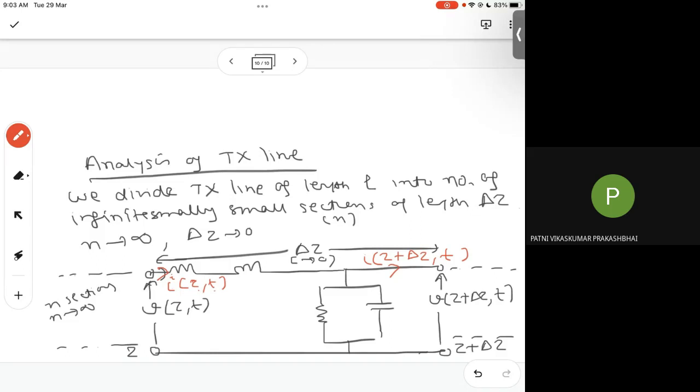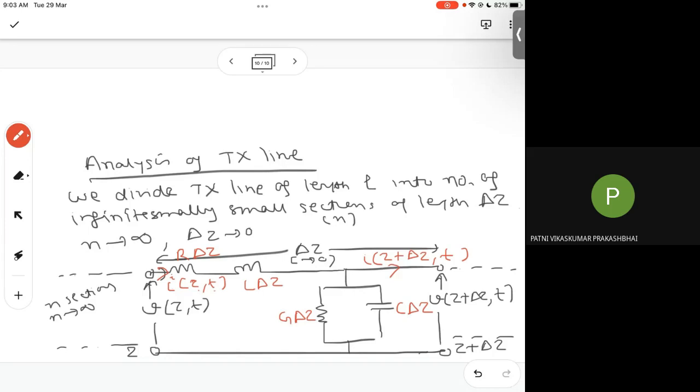Earlier my units were ohms per unit length, inductance per unit length, capacitance per unit length. Now I made them lumped values by multiplying with delta Z: R delta Z, L delta Z, G delta Z, C delta Z. So my values have now become from per unit length to a fixed value.